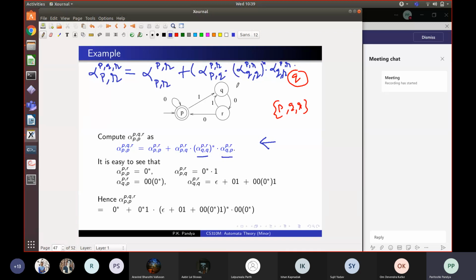There is no very good theory relating, let us say, the structure of the automaton and the structure of the regular expression you get. The other thing to note is that this regular expression is very complicated. It can be simplified, so we will be seeing that next. There are methods by which regular expressions themselves can be simplified.